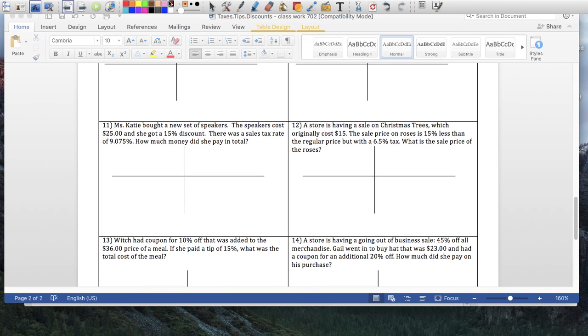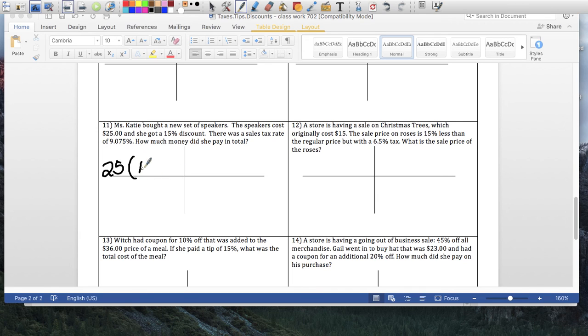Let's do number 11. Number 11 says he wants to buy speakers, $25. Speakers are originally $25, but if you have a 15% discount, it means that you're not going to pay for 100% of the value.